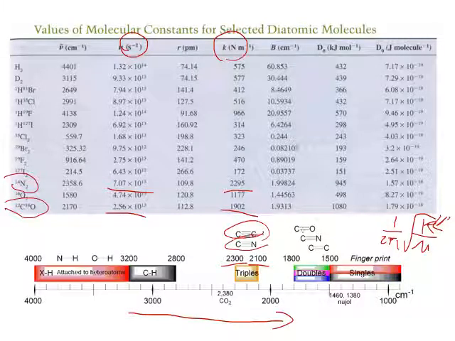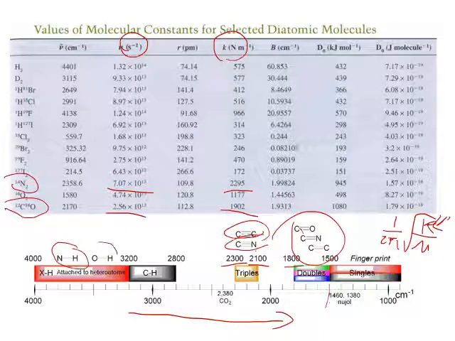Double bonds will absorb infrared at about 1,500 to 1,800 because they're weaker than triple bonds, and then the single bond is below 1,460 inverse centimeter.